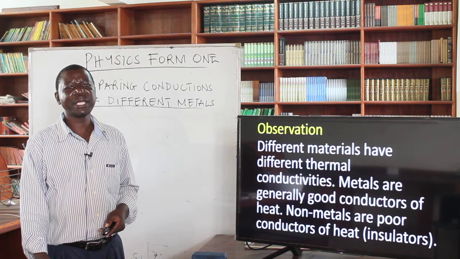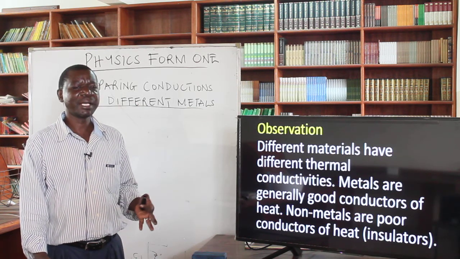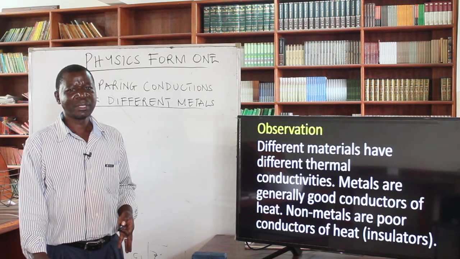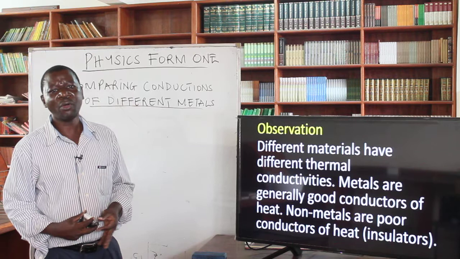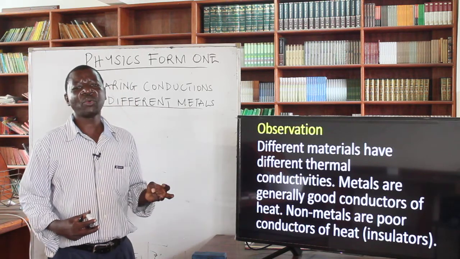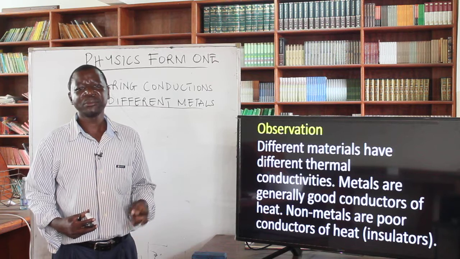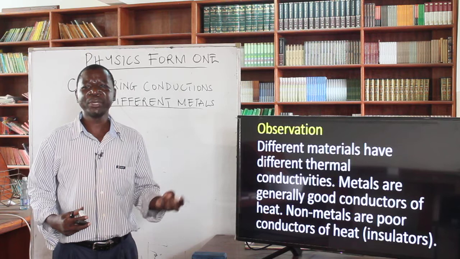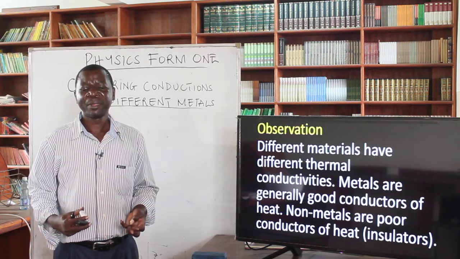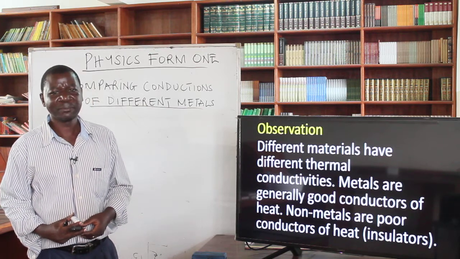Metals are generally better conductors of heat than non-metals. We saw copper: the wax on copper started melting and fell off first, followed by aluminium, and then the other metals followed later on.